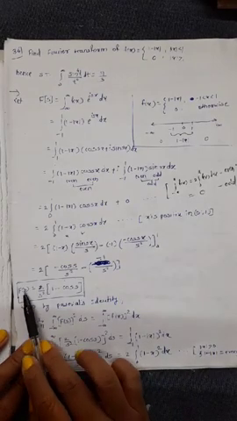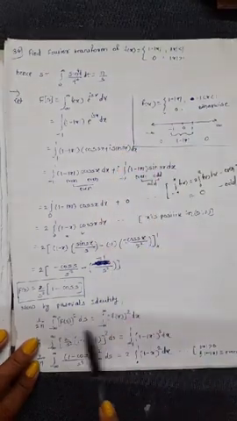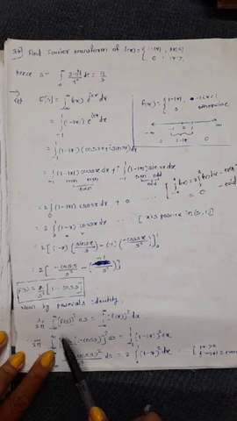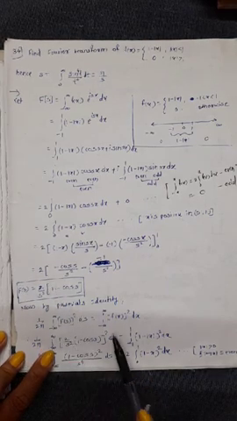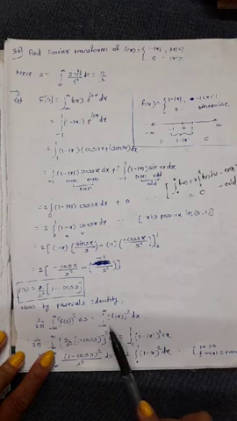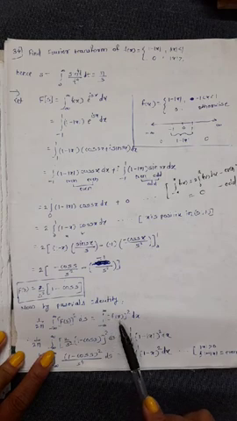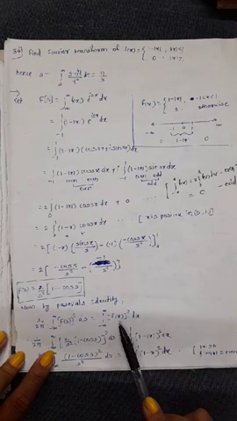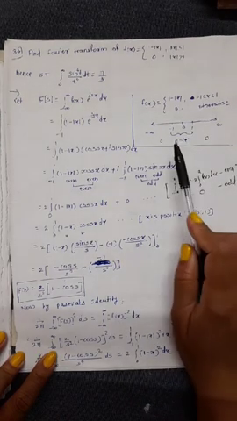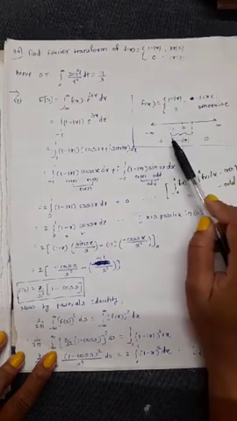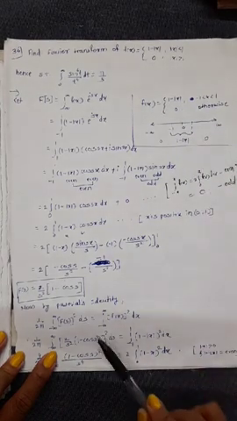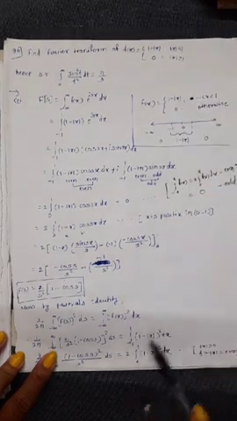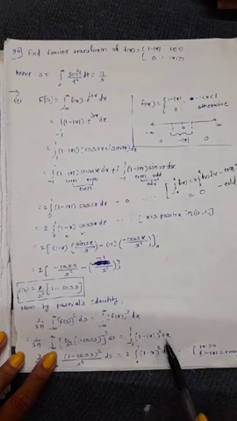Put these values of F(s) and f(x) here, where we get 1 upon 2 pi integration from minus infinity to plus infinity of F(s), this term as it is, squared, ds, is equal to the integration from minus infinity to plus infinity of f(x) squared. Now the function is this, and the function exists between minus 1 to 1 only, so this integration is converted into minus 1 to 1. f(x) is 1 minus mod x, bracket squared as it is, dx.